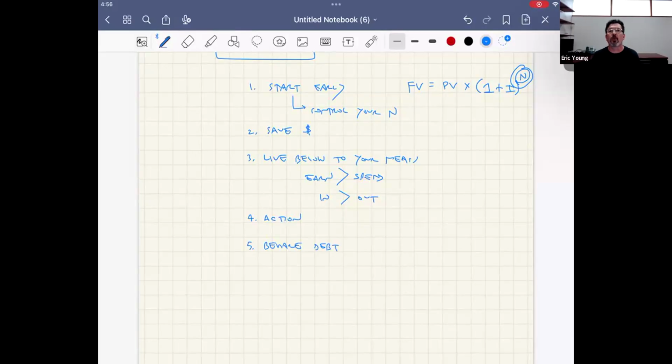The very same forces that help you when it's your money crush you when you're in debt. You don't want to pay interest, you want to collect it. So be extremely responsible with debt. Do not be careless with debt. Your future you is relying on current you to make good decisions.